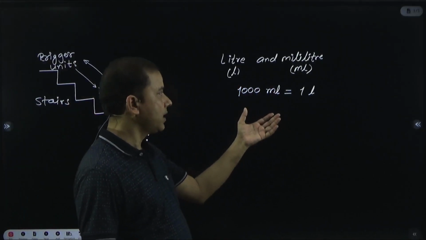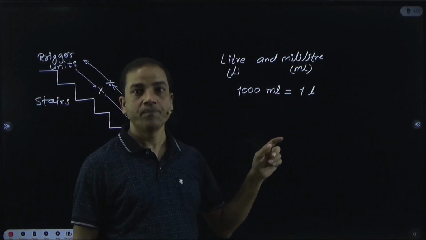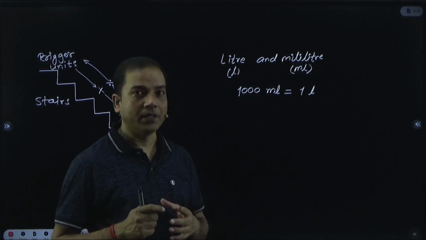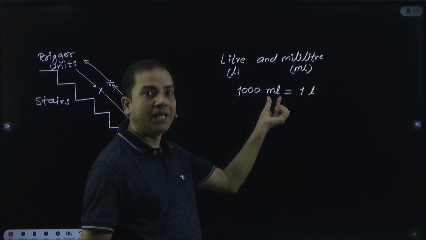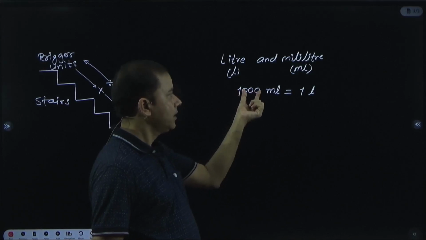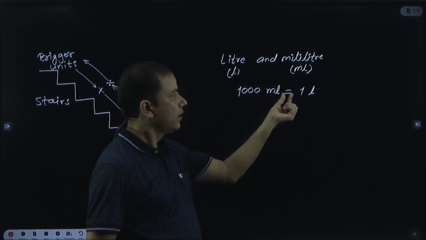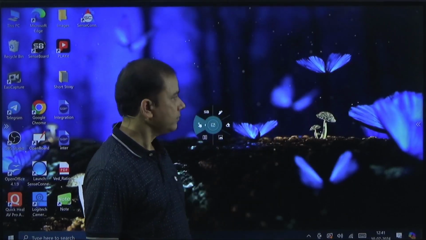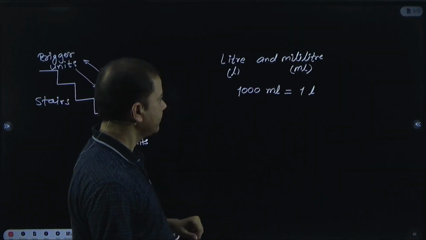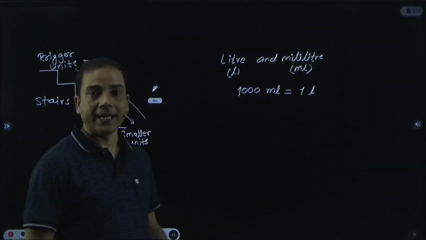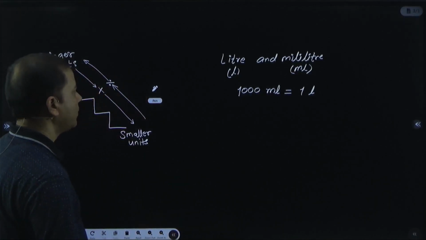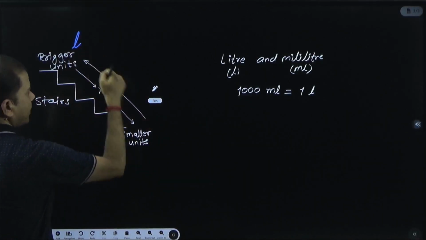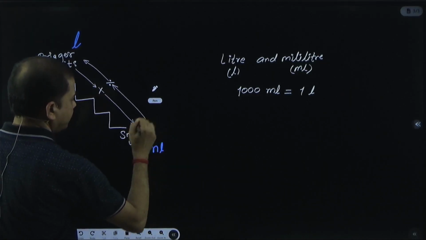Which number is bigger? 1 or 1000? 1000 is bigger, right? Excellent. So the unit with it, milliliter, will be smaller. Bigger the number, smaller the unit. Smaller the number, bigger the unit, opposite. So this is how we identify which one is bigger and which one is smaller. The bigger unit is liter, let's write it on top, and the smaller unit milliliter at the bottom.